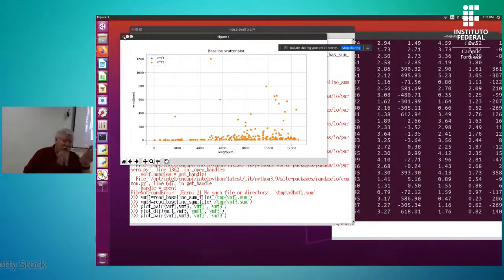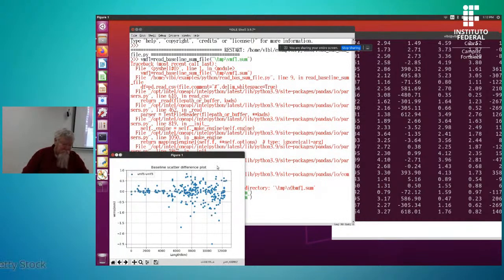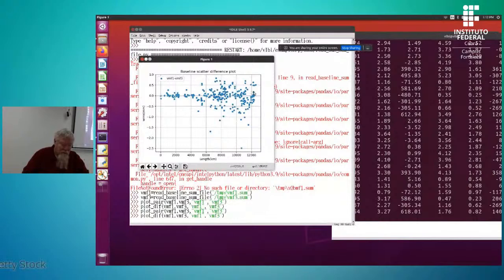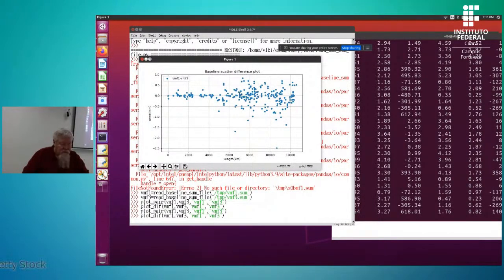That's just plotting up both BMF1 and BMF3, and it doesn't look like there's a lot of difference. If I do plot diff BMF1, BMF3, which plots the difference between the two, I get a plot that looks like this.